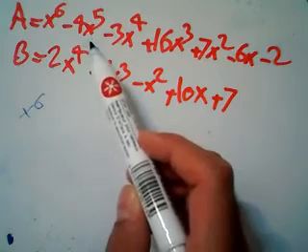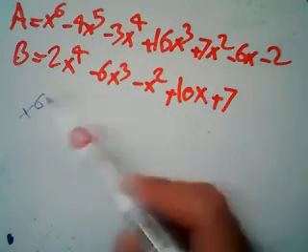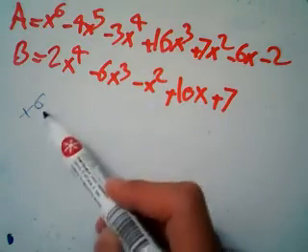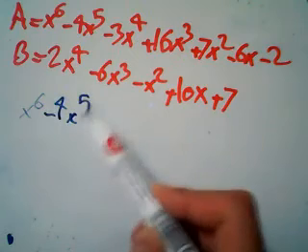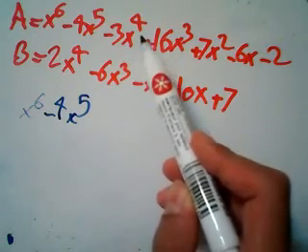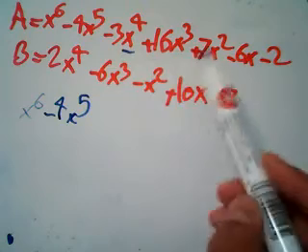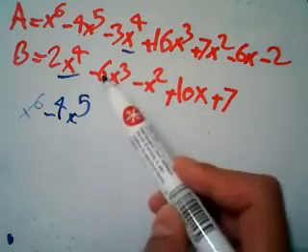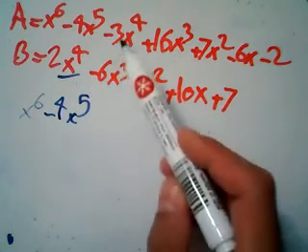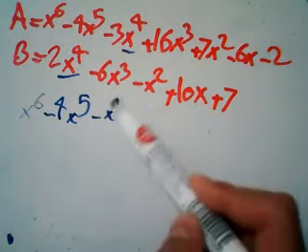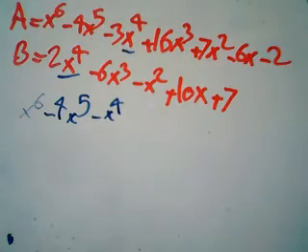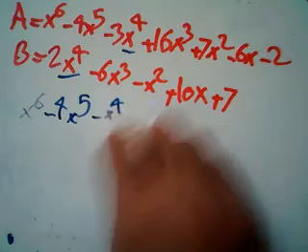We got x to the power of 5 here, and no other, so write it down. We got x to the 4 here, and another x to the 4 here. That would be minus x to the 4. And go this way.